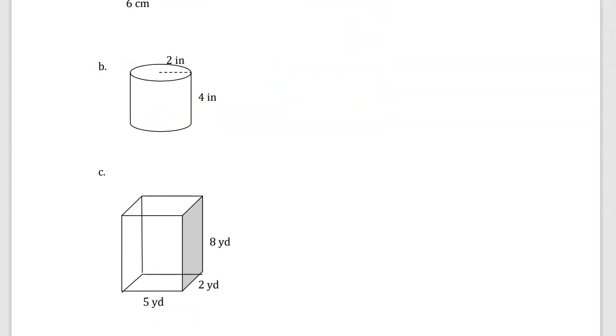For this cylinder, I want to find the area of this circle, of my base. So the area of the circle is pi times the radius squared. And then I will multiply by my height.